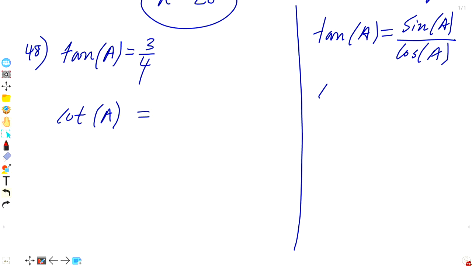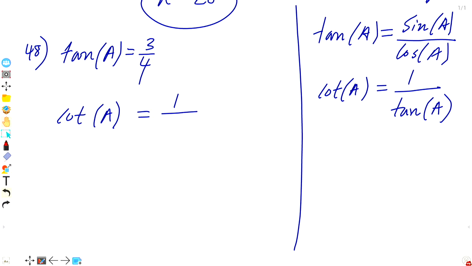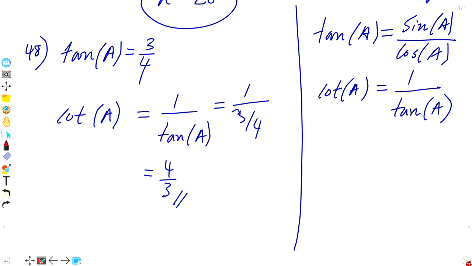Then cot A is 1 divided by tan A. So here you have cot A, so it's going to be 1 divided by 3 divided by 4. So the answer would be 4 divided by 3. Also note down cot A is equal to cos A divided by sin A as well.